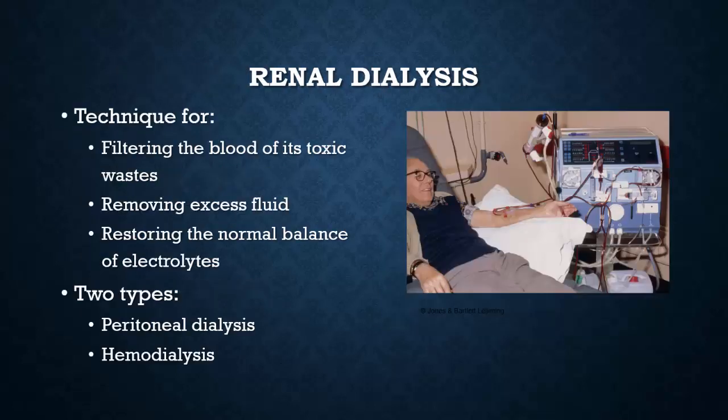Renal dialysis is a technique for filtering the blood of its toxic waste. It removes excess fluid and it restores the normal balance of electrolytes. You've got two types of renal dialysis. You've got peritoneal dialysis and hemodialysis.